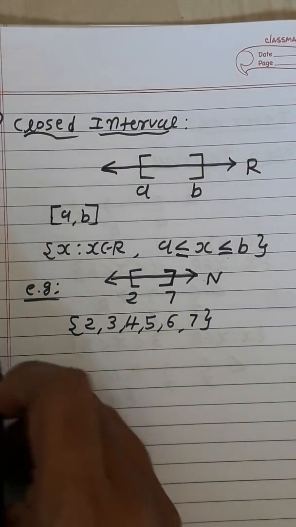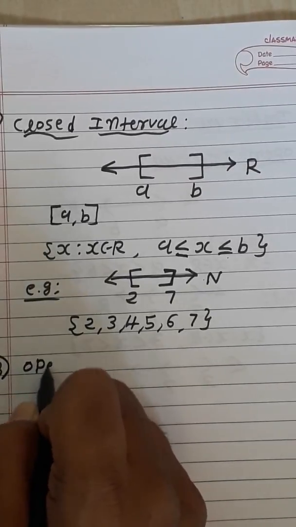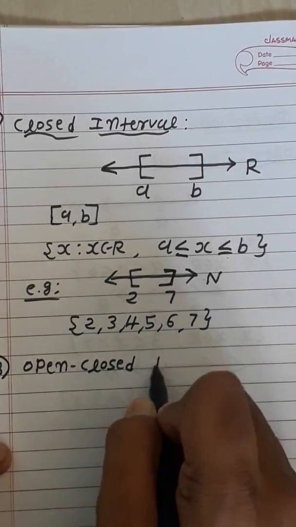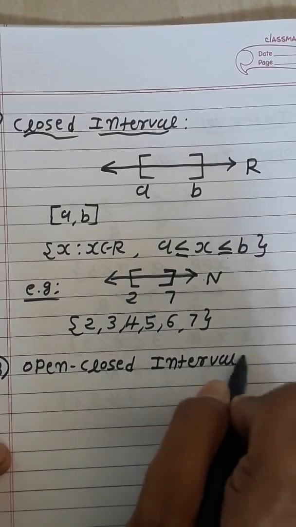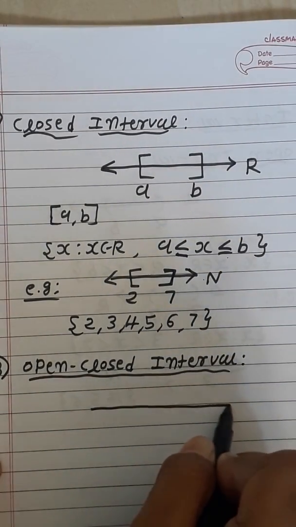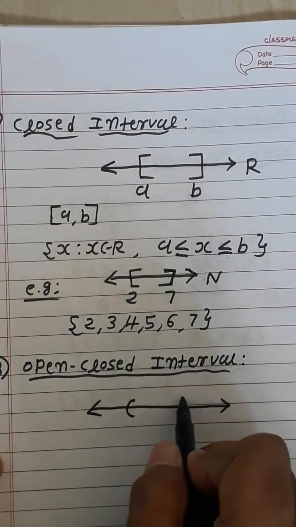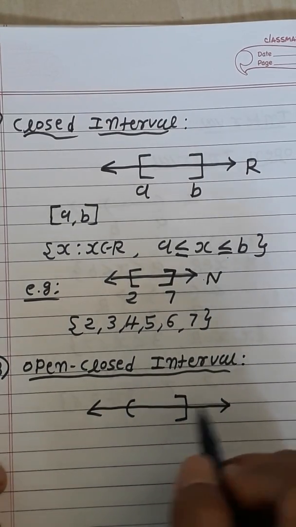Now the next interval is open closed interval. In open closed interval, the first position is open form, so we write a small bracket, and the next position is closed form, so we write a large bracket.